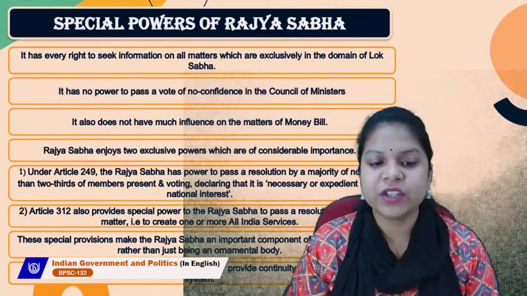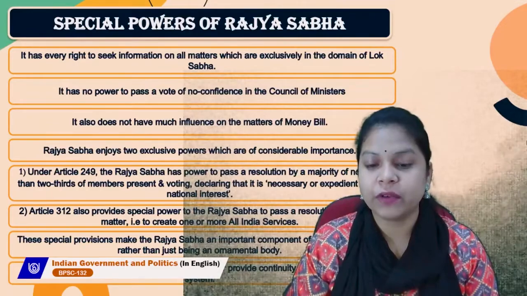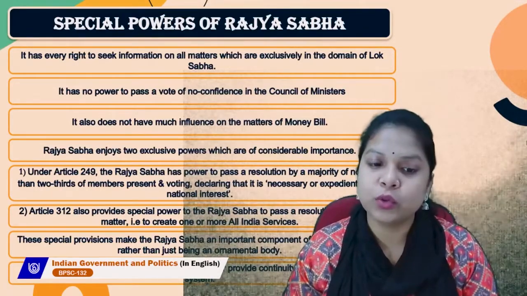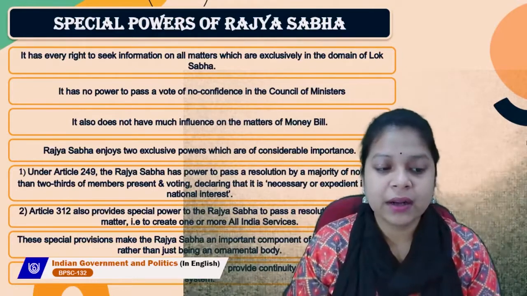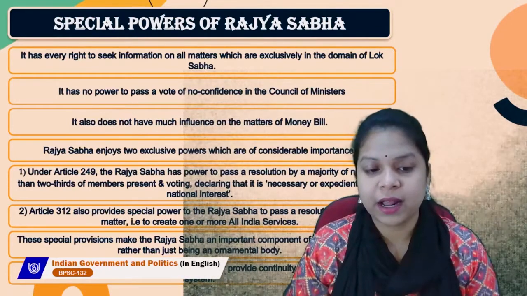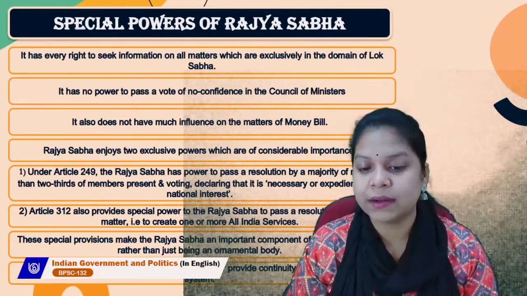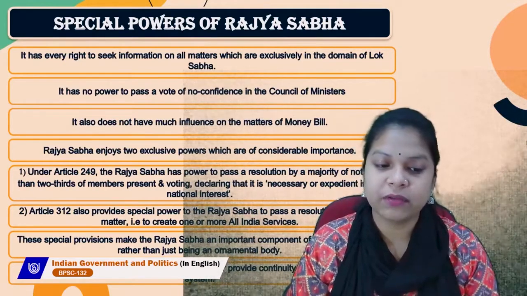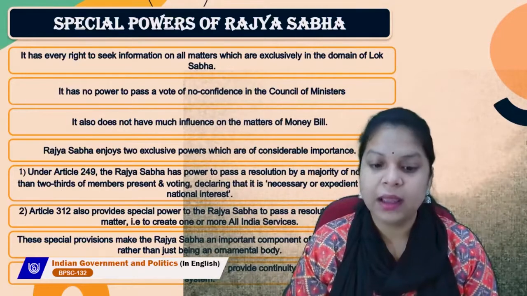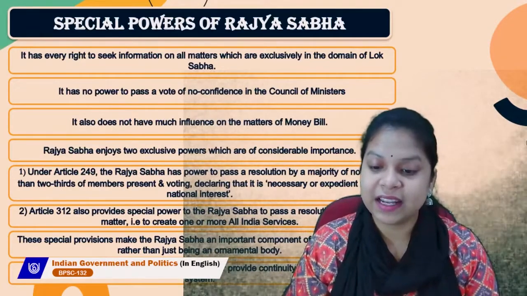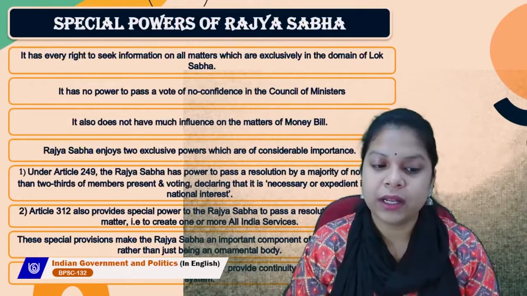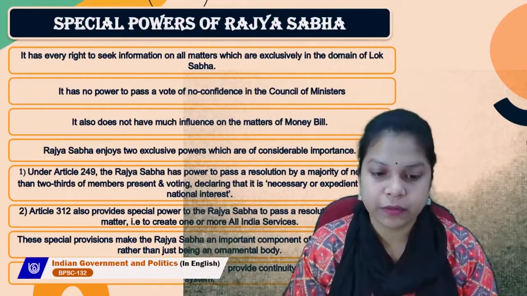Rajya Sabha enjoys two exclusive powers which are of considerable importance. So let's see what are these two exclusive powers. Under Article 249, the Rajya Sabha has power to pass a resolution by a majority of not less than two-thirds of members present and voting, declaring that it is necessary or expedient in the national interest. So Article 249 talks about an exclusive power of Rajya Sabha.